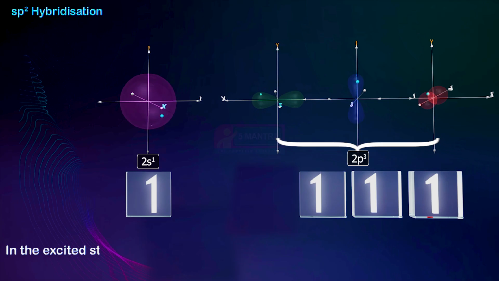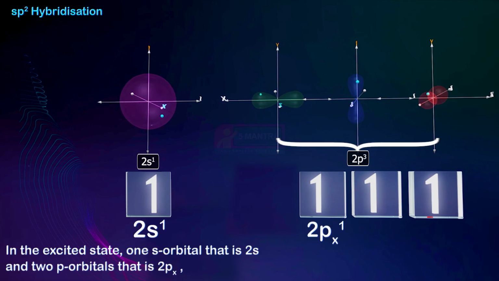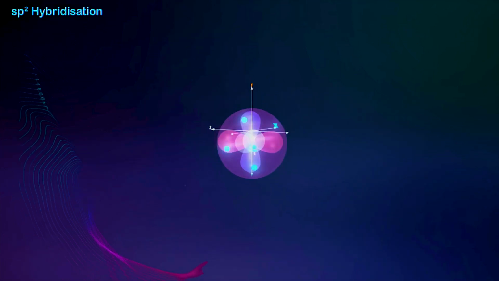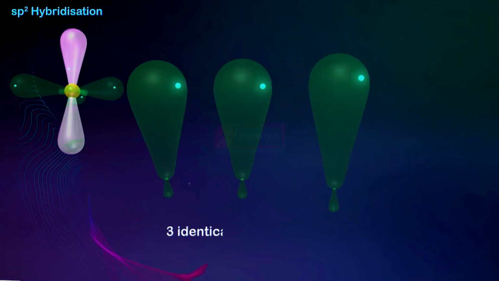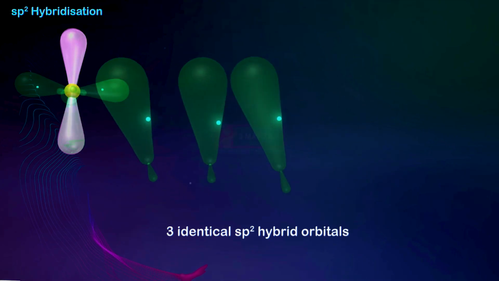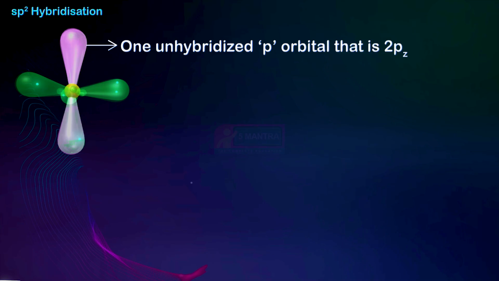In the excited state, the 2s orbital and the 2p orbitals, that is 2px, 2py, of carbon intermix and reshuffle to form 3 identical sp2 hybrid orbitals along with 1 unhybridized p orbital, that is 2pz.